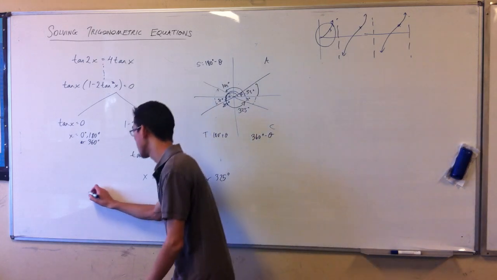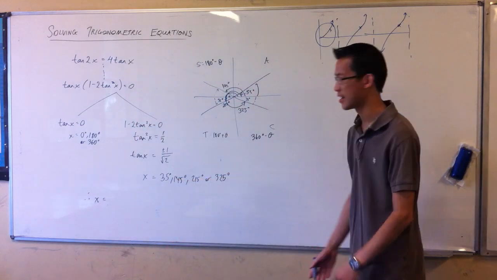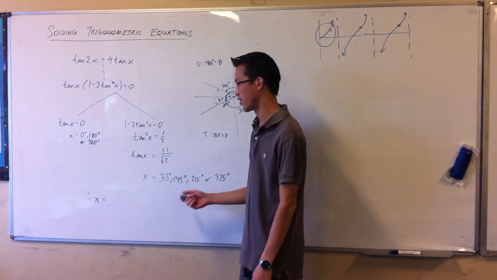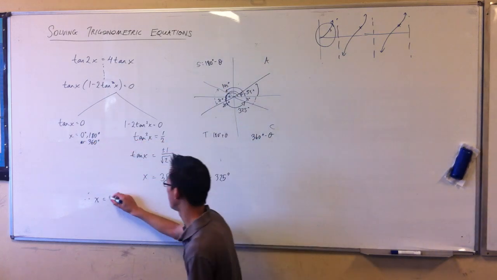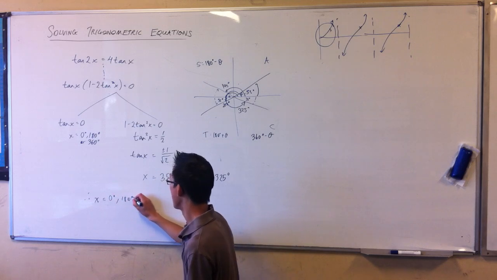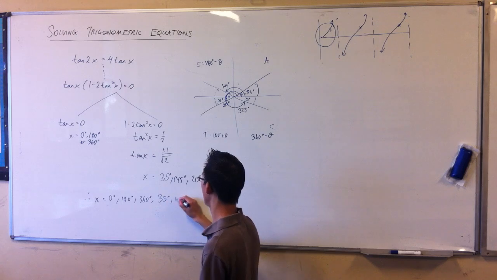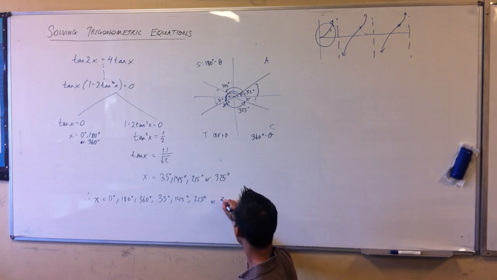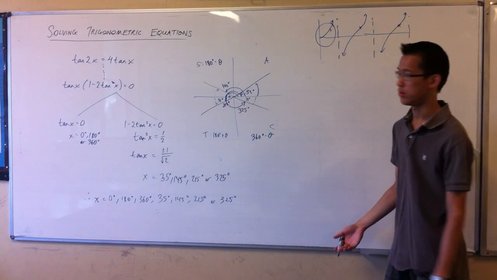Now to be neatest, it'd probably be nice to put all 7 down in ascending order, or at least in some order. But when you're in a hurry, if you're in an exam, that kind of thing, it's fine just to write these 3 down, and then write your other 4. Okay, and there's your solution.